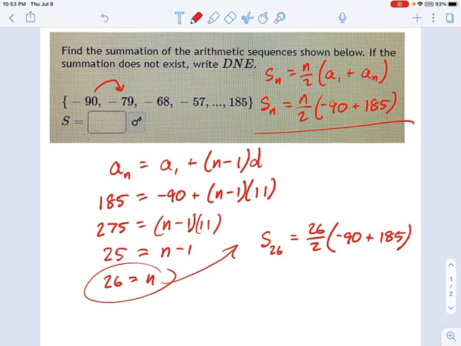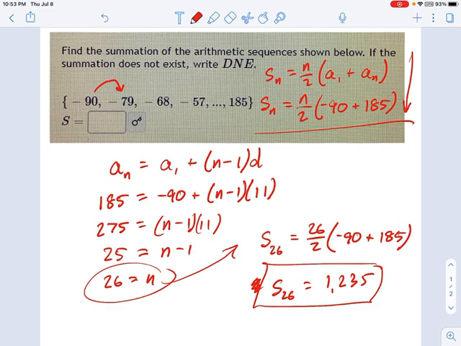Okay, calculator time. Negative 90 plus 185 times 26 over 2 is a big number. S26 in this case equals 1,235.